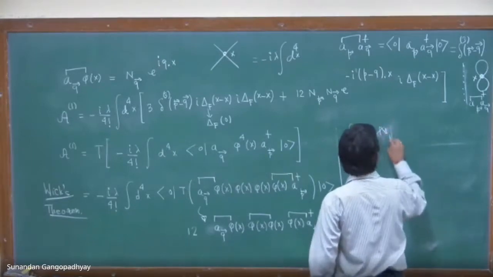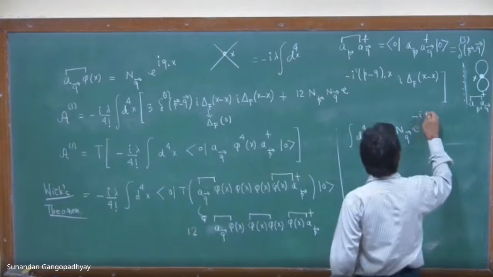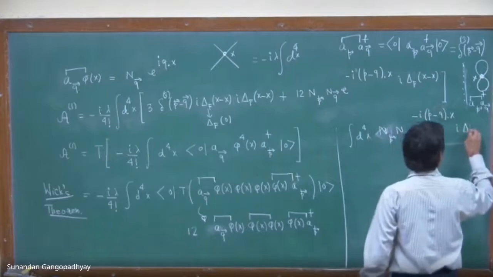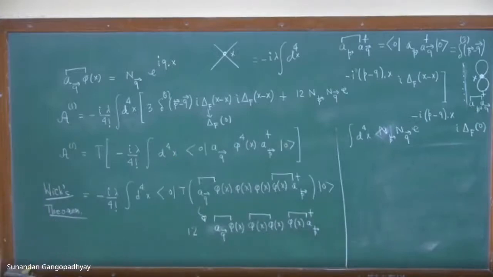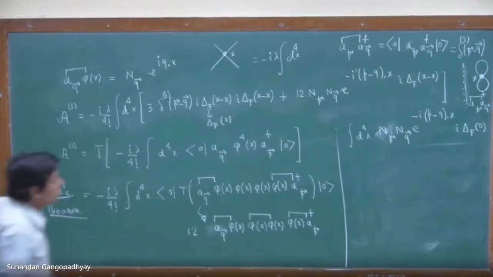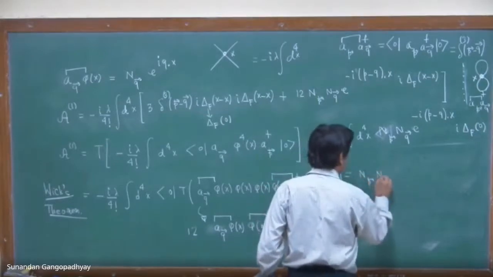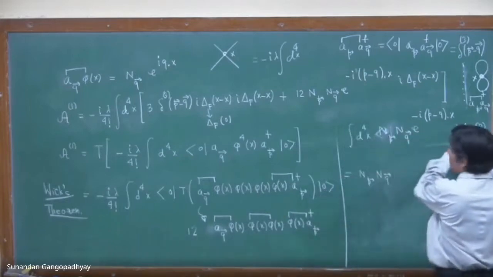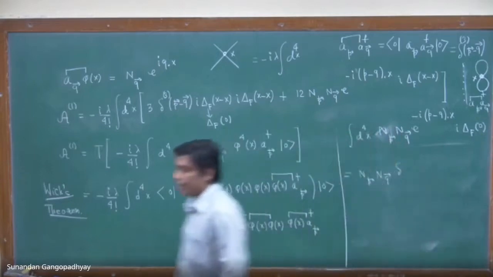So this is NP NQ e to the power of minus I, P minus Q x, then I have I delta F of 0. You can pull out these NPs and NQs outside because these are constant numbers, and you have d4x over this integral. This is independent of x. So this will give you, again, a Dirac delta function.